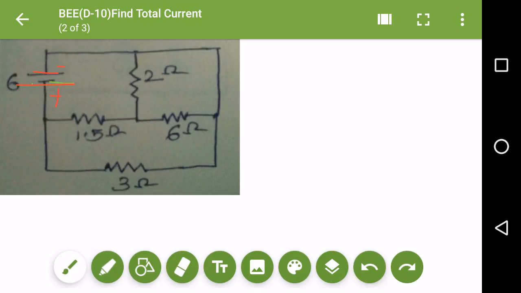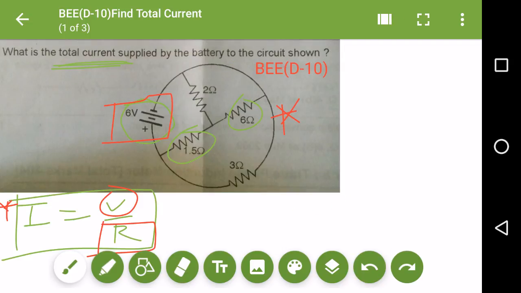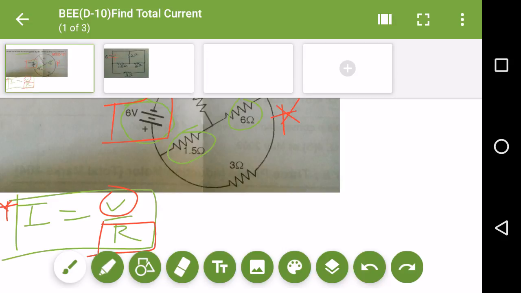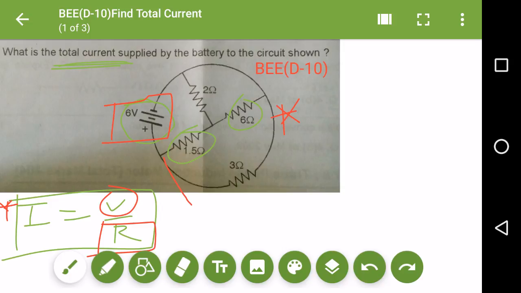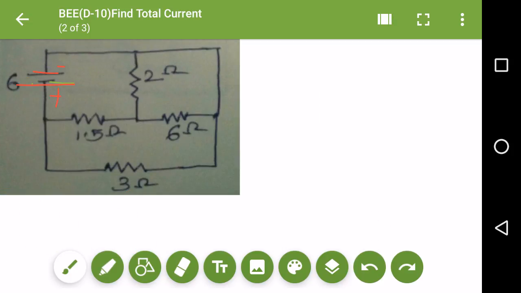This is what the circuit looks like, given in a circular way, and I just straightened all the edges. You can see I formed all the edges and I get this circuit over here. So this is our circuit.